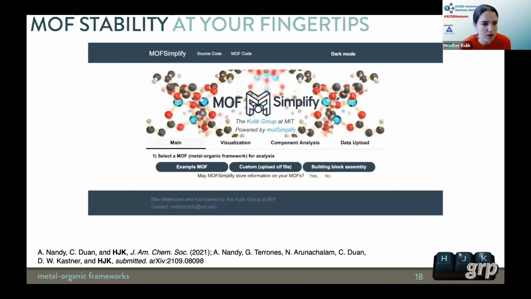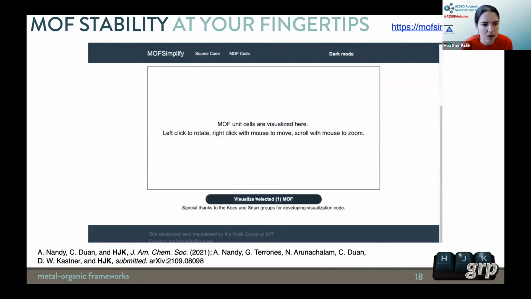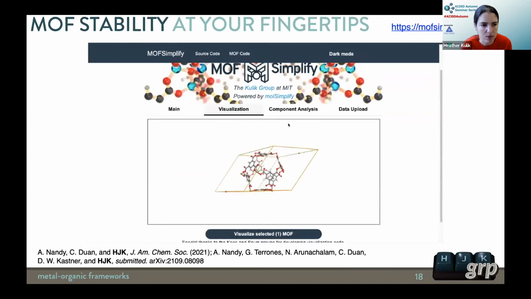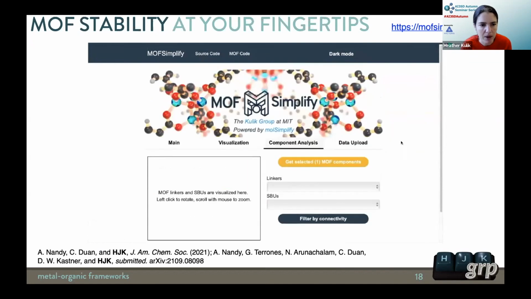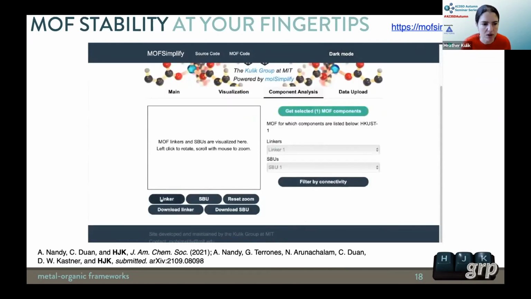The other thing we've done is we've taken these ML models and we've put them on a website that we encourage people to check out. It's called mofsimplify.mit.edu. And so you can take a look at visualizing any MOFs that you upload, as well as making predictions of the properties of the MOFs. You can look at what are the component linkers and SBUs of the MOFs.